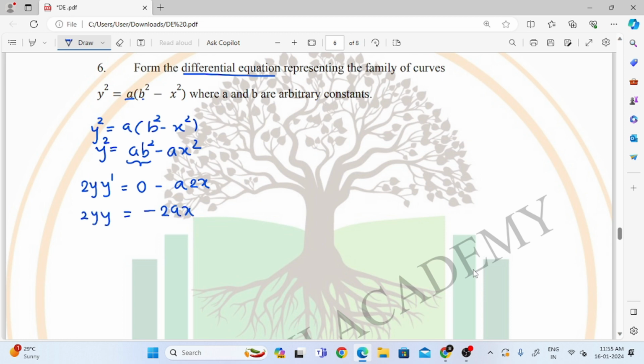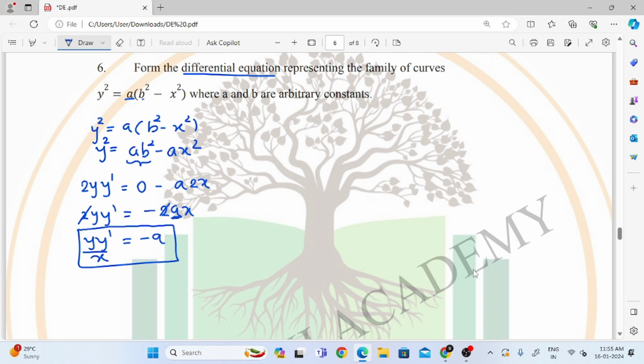From both sides we can cancel out 2, and we can find out the value of a from here. What is the value of minus a? It is nothing but y dash upon x.